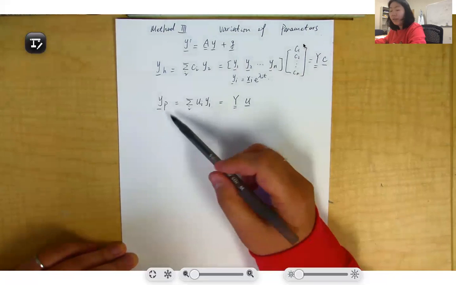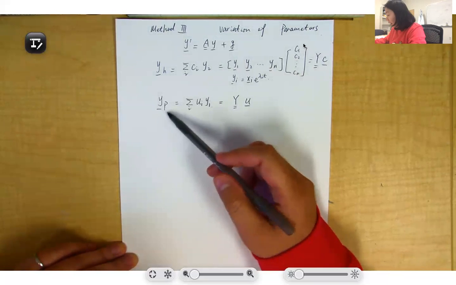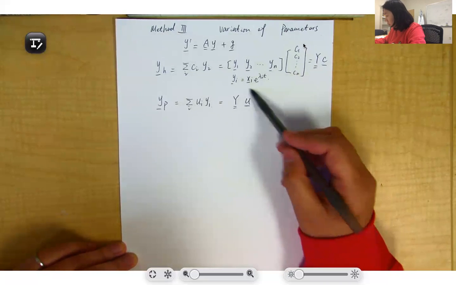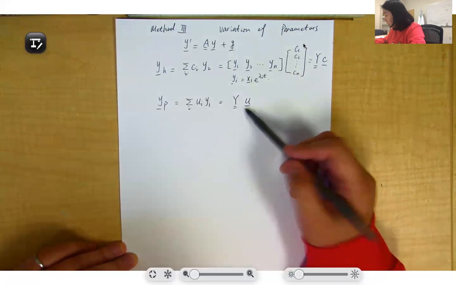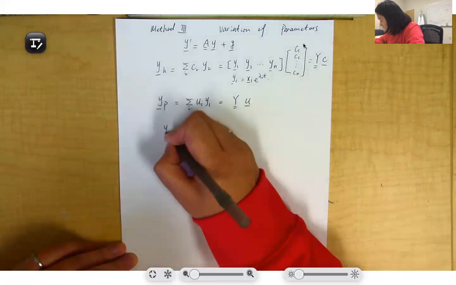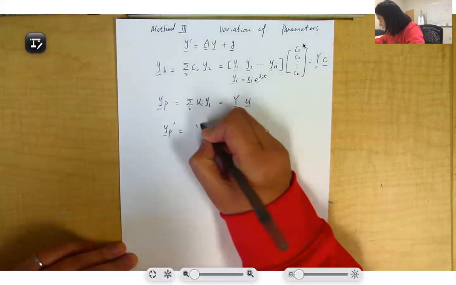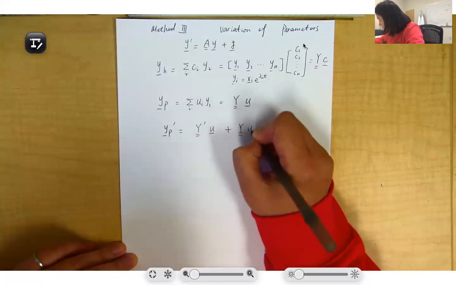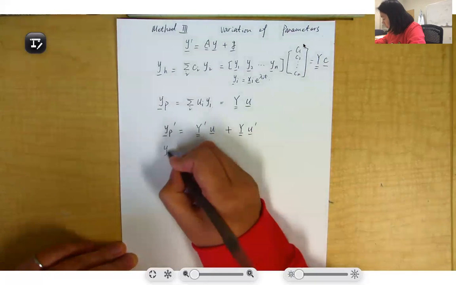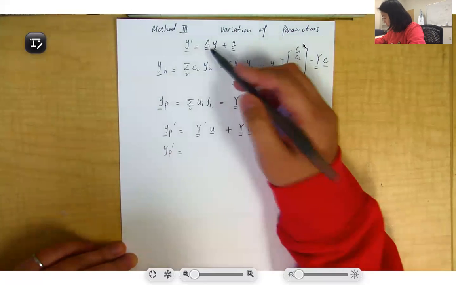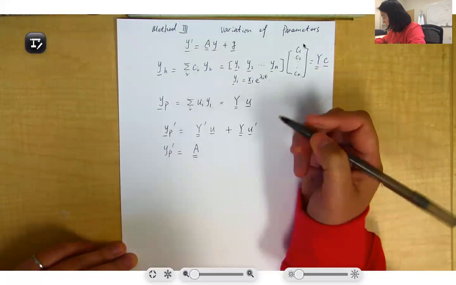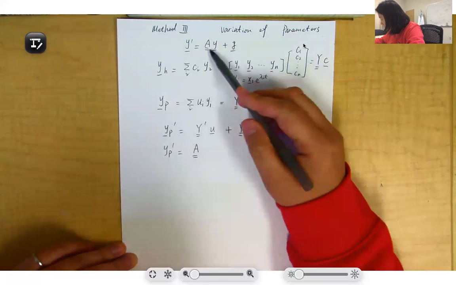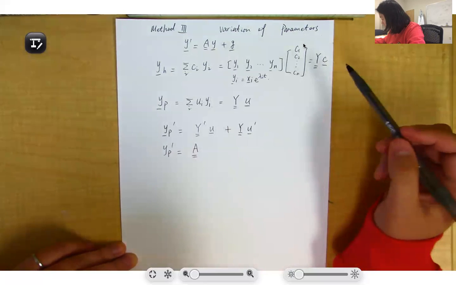You assume that the particular solution will look like this function Y times u, which is a function of t. Then you can get yp prime will be y prime u plus y u prime. Okay, and yp prime is also equal to A yp plus g, and yp is equal to Yu.